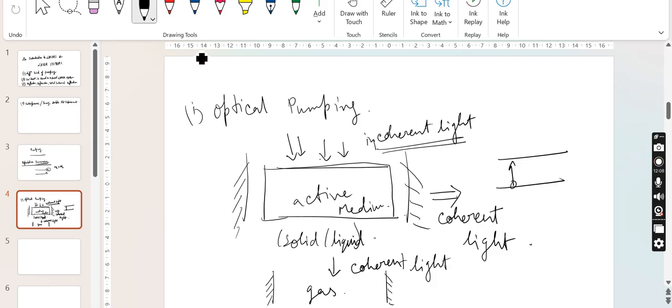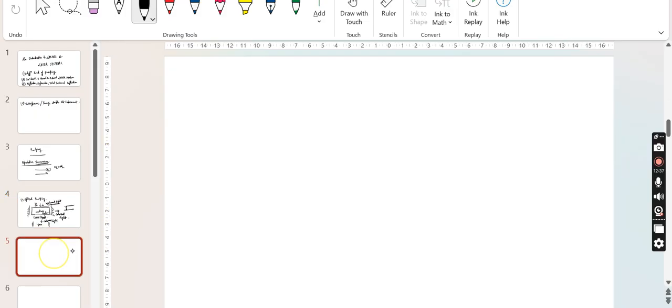So to use optical pumping in a gas active medium, we need another laser first to produce coherent light. Then we can use it for optical pumping.